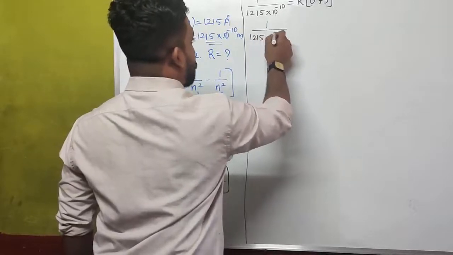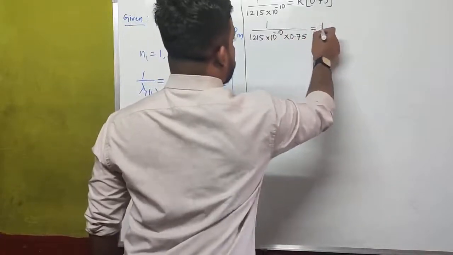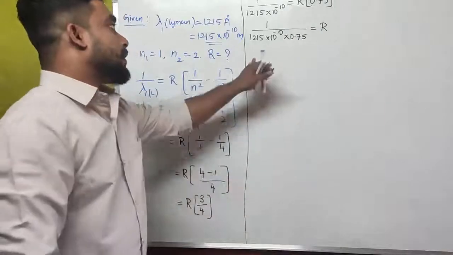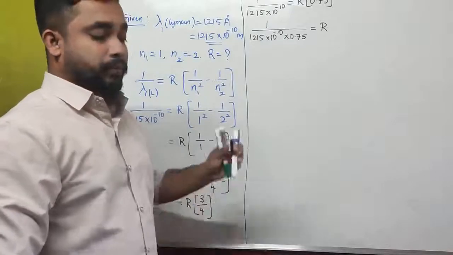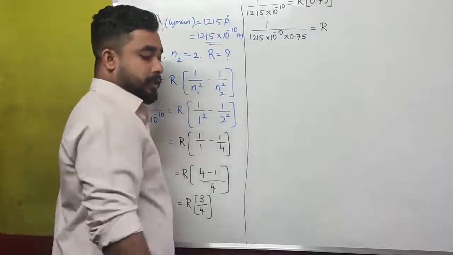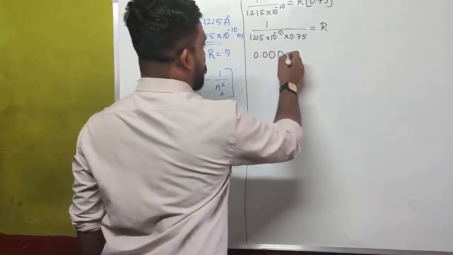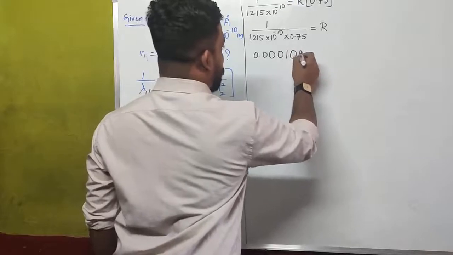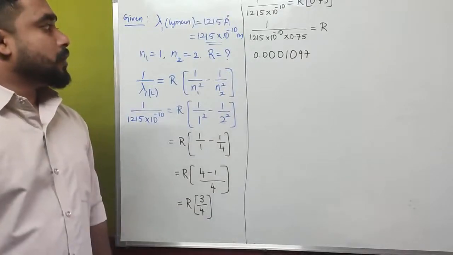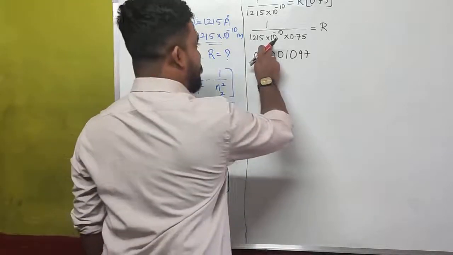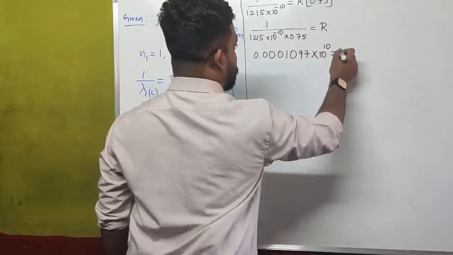So 1 divided by 1215 into 10 to the power of minus 10 into 0.75 is equal to R. If we calculate, multiplying 1215 with 0.75 and dividing 1 by it, what we get is 0.0001097. Here we have 10 to the power of minus 10, which goes to the numerator as 10 to the power of plus 10. This is equal to R.